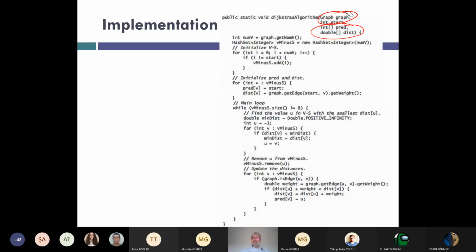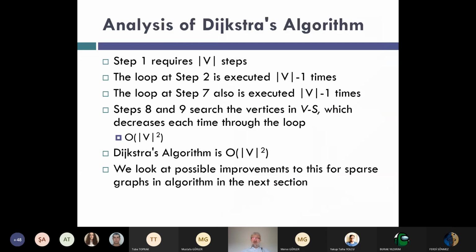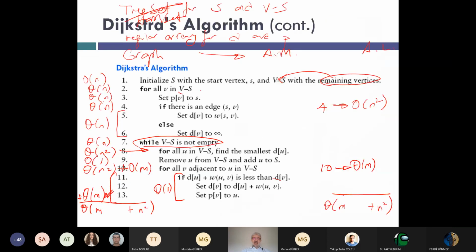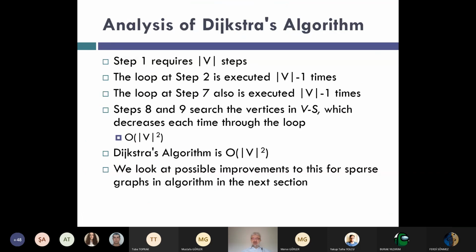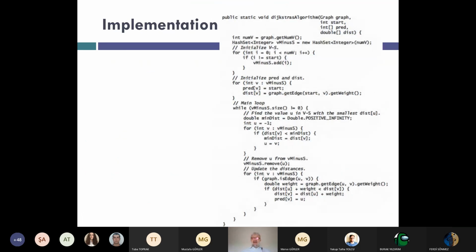And as you see, we use a hash set. A hash set is used for V minus S only, since S is the remaining one. So we use a hash set for V minus S only.